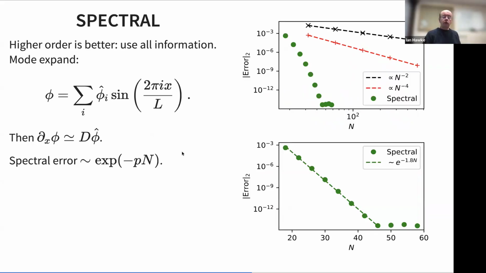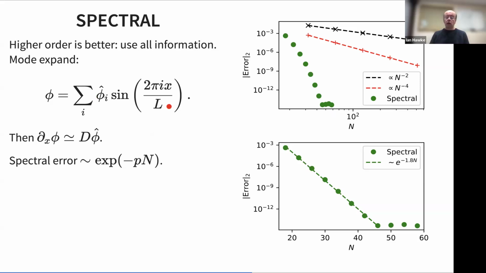Okay, so if finite difference methods are going to struggle, or if we have to go to very high order finite difference methods, why don't we just use all of the grid point information available to us and see what that gives us? That's one way of thinking of spectral methods, that it's basically using all of the information on the grid.